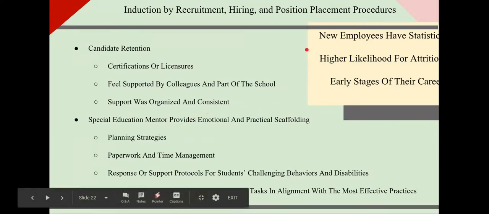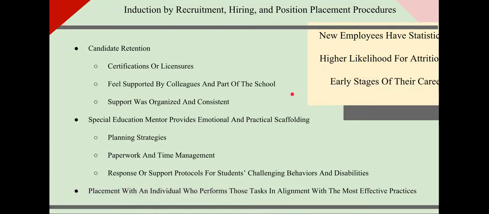So new employees have a statistically higher likelihood for attrition in the early stages of the career. The candidate retention certifications or licensure should be really emphasized, such as the RBT, and making sure that we're giving support in getting that, and also getting potentially the teaching licenses provisionally or otherwise.